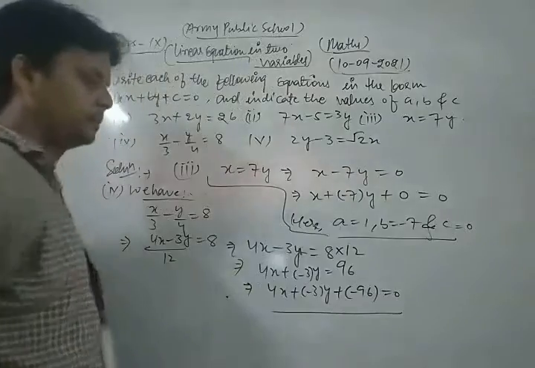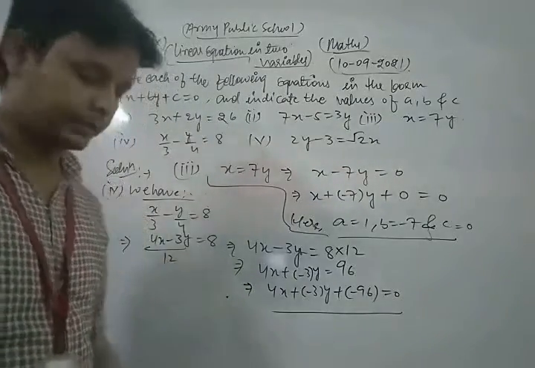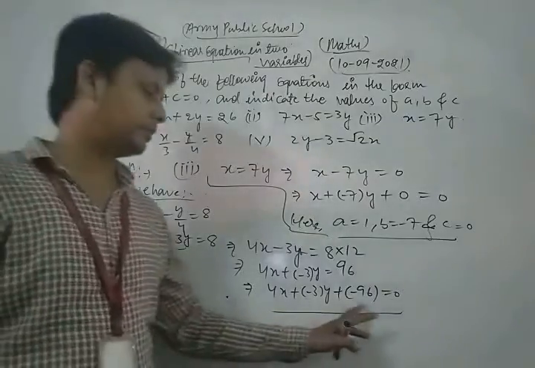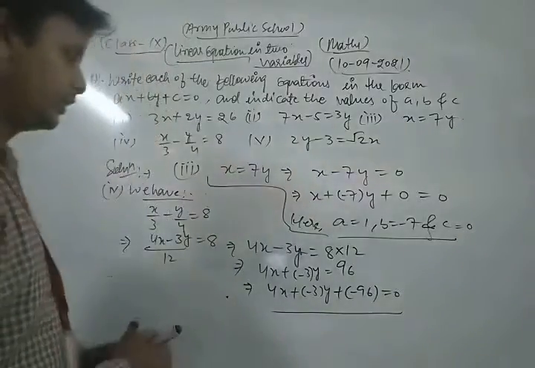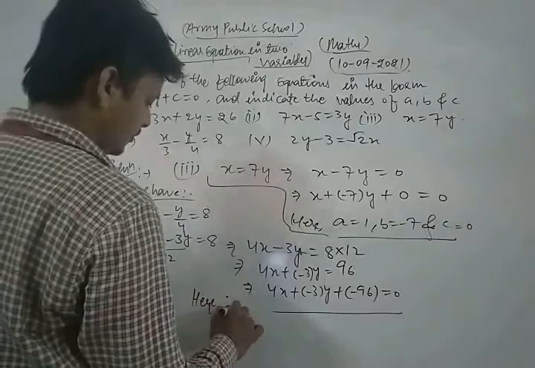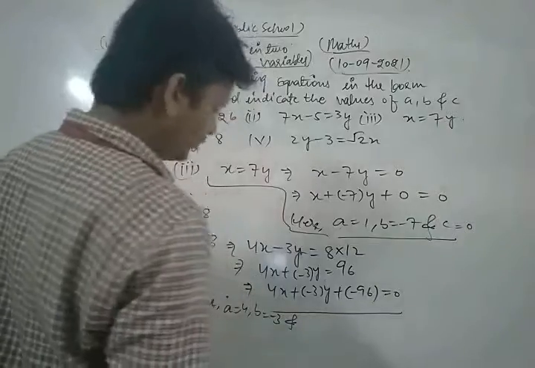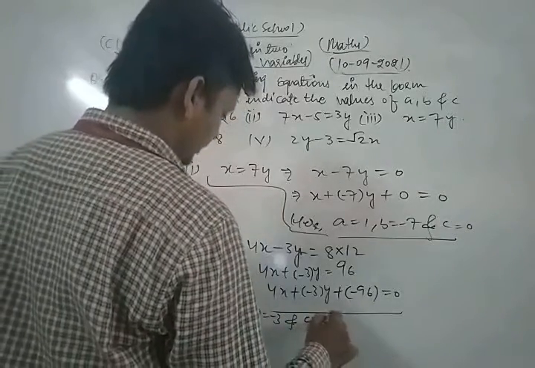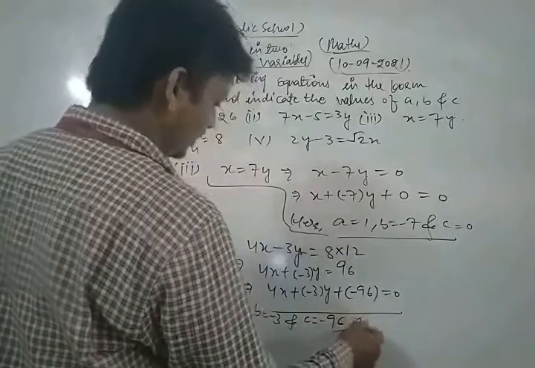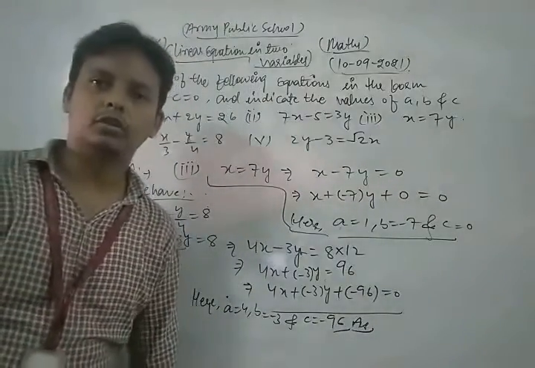This is the required solution, means we express it in the form of ax plus by plus c is equal to 0. Here a is 4, b is minus 3 and c is minus 96. This is the required solution. In this way we solve that question.